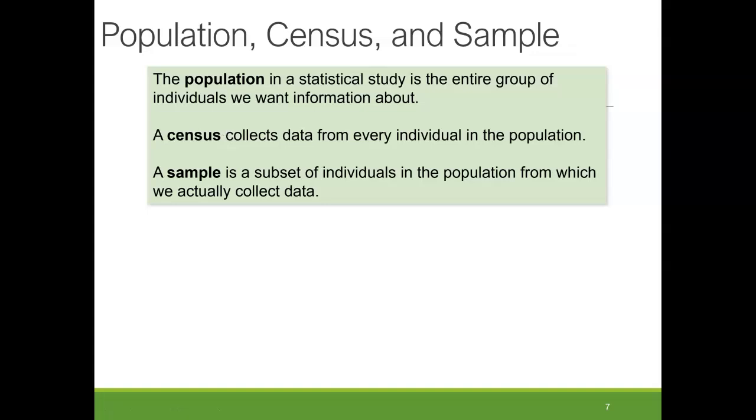Like imagine you are General Motors, and you're looking at the rate of defect in the vehicles you're producing. A census would be looking at every single vehicle that comes off the line and analyzing every single one for defects. Unrealistic to do that.